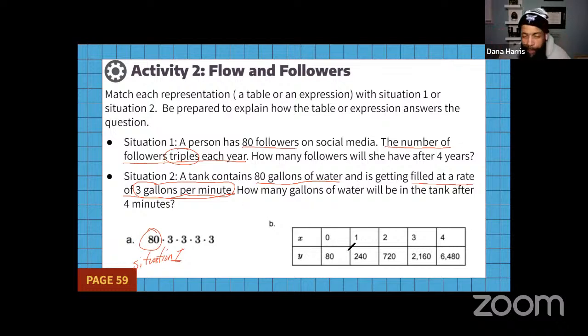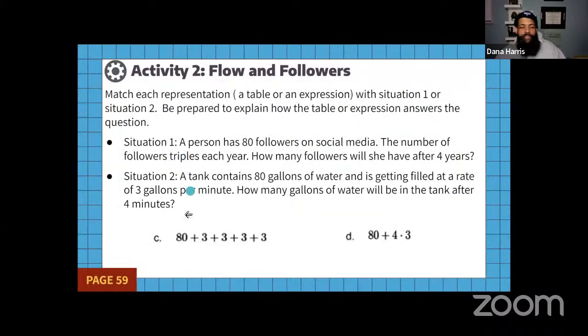Well, guess what? What's happening? If I actually multiply by 3 here, here, here, and of course here, boom, then this looks like it models situation 1 as well. Because remember, situation 1, it says that the followers are tripling each and every year. Let's go forward.